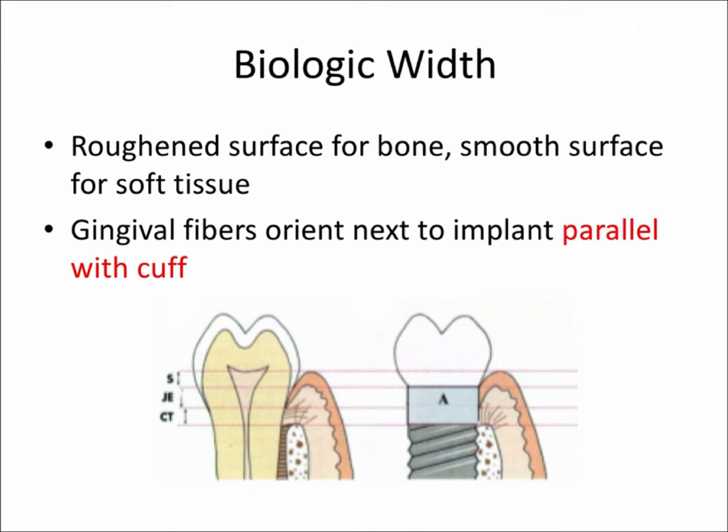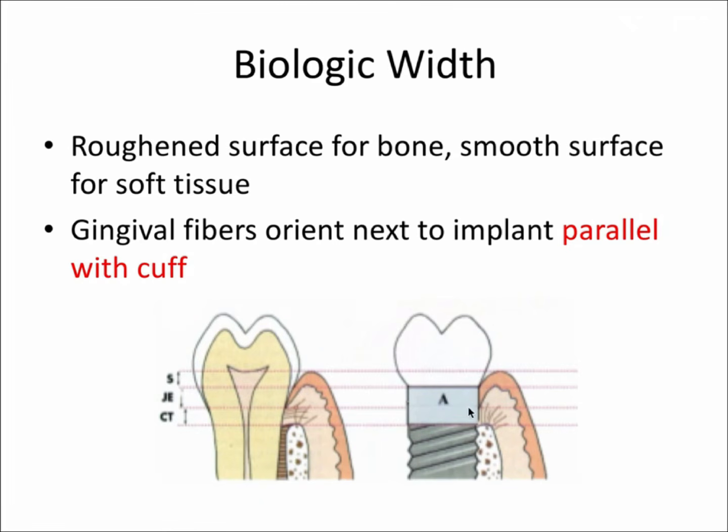Biologic width. This is something I have an entire video just dedicated to, the Farrell effect and biologic width, but here it's a little bit different. We're talking about the implant being placed into bone. This surface that's contacting bone is roughened to help with osseointegration. The smooth surface is contacting the soft tissue here, the soft tissue collar.